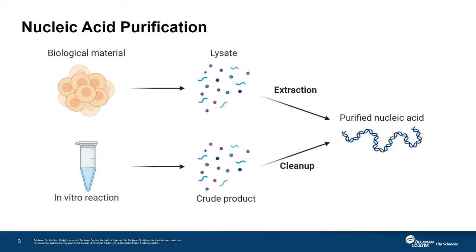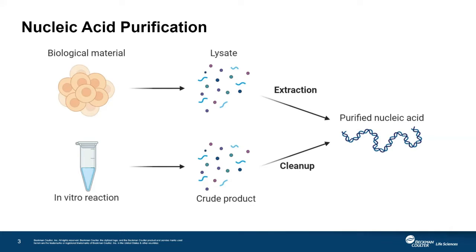So moving forward, this is a really simplified version of nucleic acid purification, and it's really to level set a little bit on some terminology. There are really two big paths to getting purified nucleic acid. The first is you're going to start with biological material. You do some lysis of that material, break that cell open.